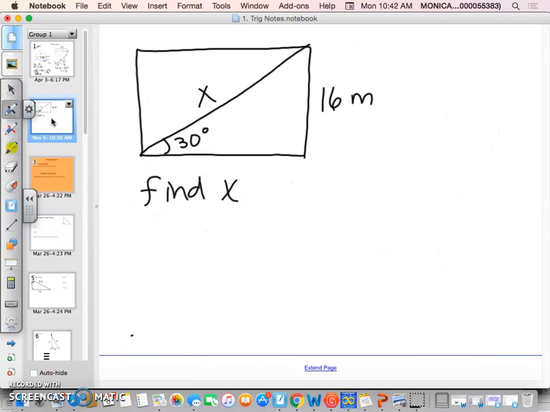Then day 2, we were looking at if you have a special right triangle. So this would be a 30-60. Okay? And so what is the rule? Well, this is our right angle here, right? So we're looking for the hypotenuse, and we know the short side. So this is the short leg. If we have the short leg and the hypotenuse, you have to go back and consult your notes.